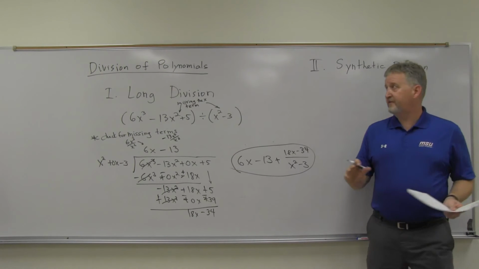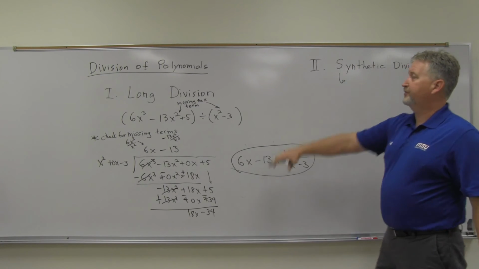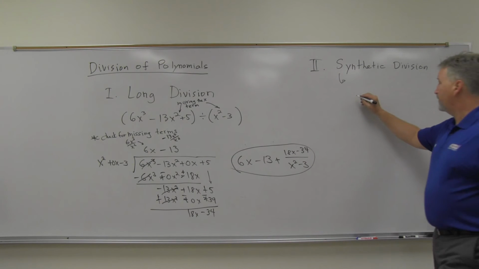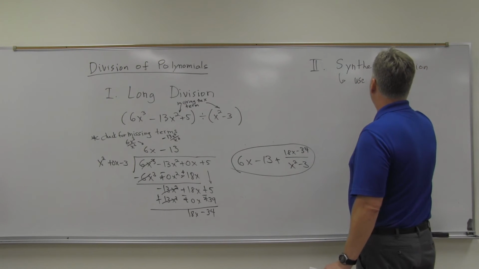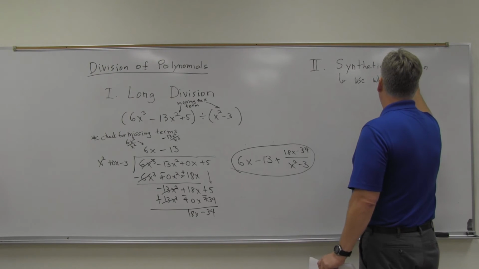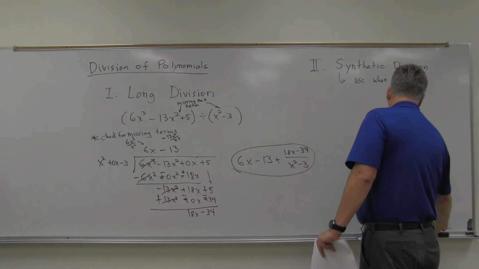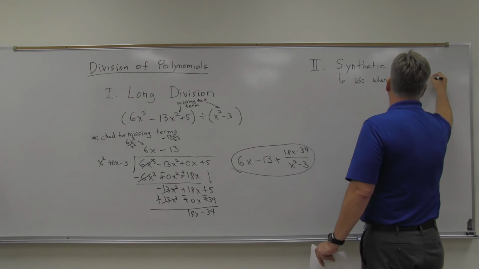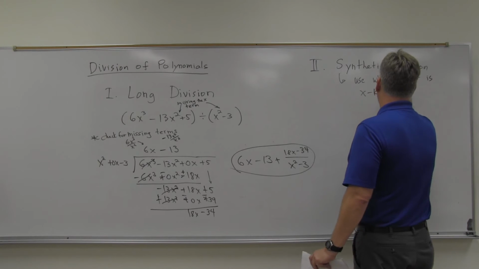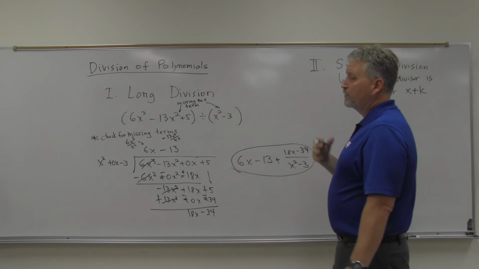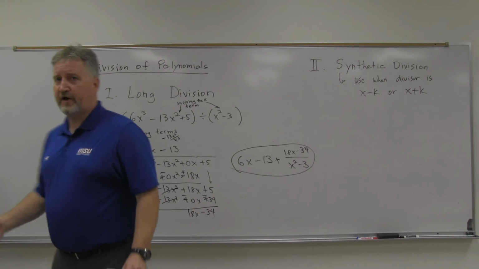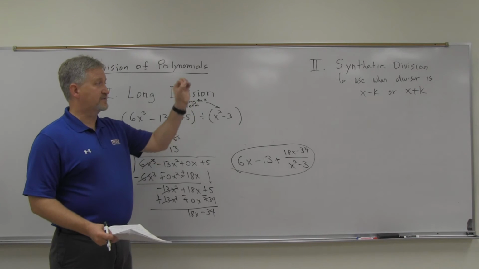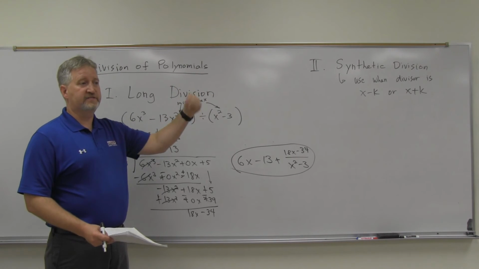The only thing is, on synthetic division, we couldn't use it on either of the long division ones we did, but we can use it when the divisor is, say it this way, x minus a number or x plus a number. Neither one of the first two I did had that, did they? This was x squared minus 3. So it's x minus a number, not x squared or x cubed.